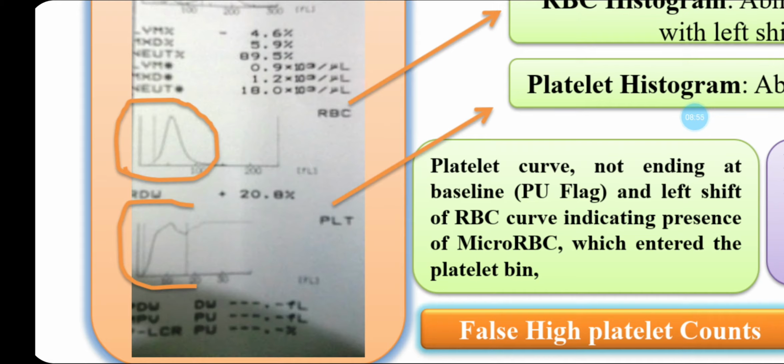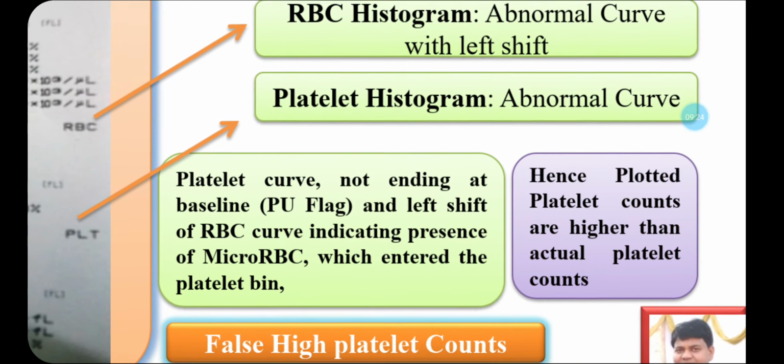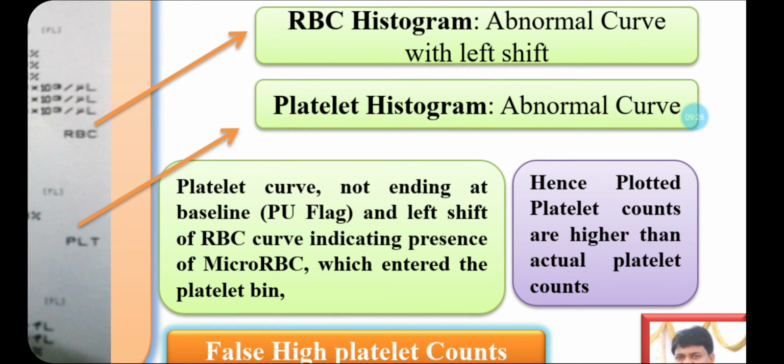In the platelet histogram, it does not end at the baseline, and you see the PU flag, as the RBC and the platelets are counted in the same chamber. Because of their difference in size, these two are separated. So whenever the lower discriminator of the RBC is abnormal and the upper discriminator of the platelet is abnormal, that means there is some problem with the RBC morphology, or there may be some problem with the platelet morphology.